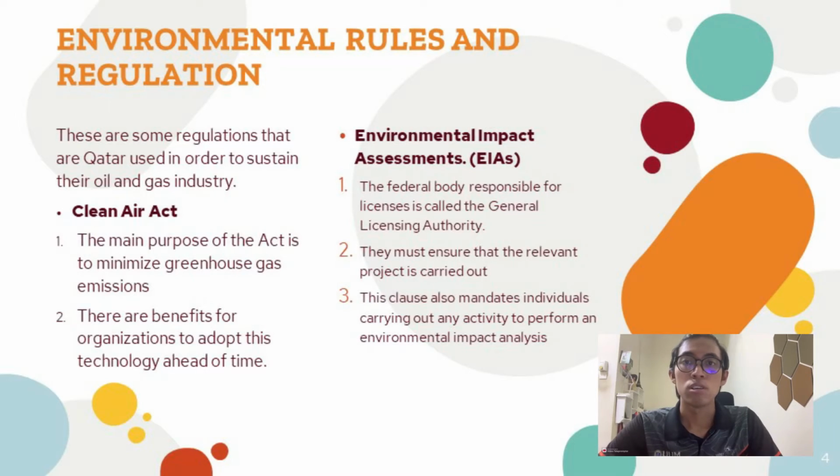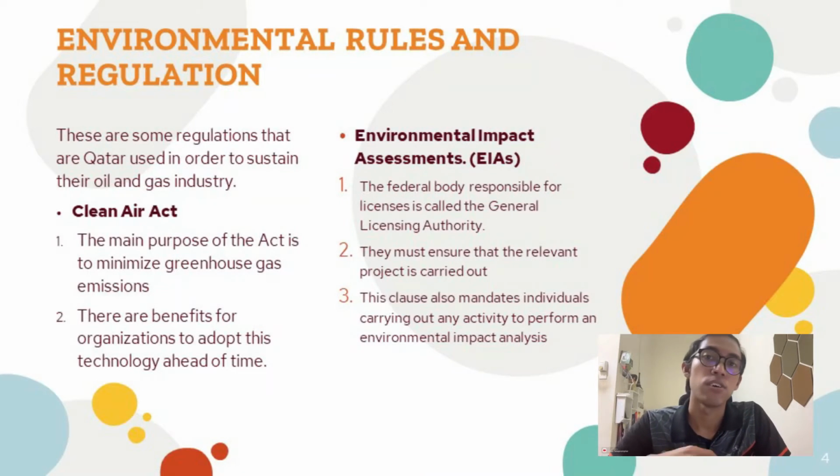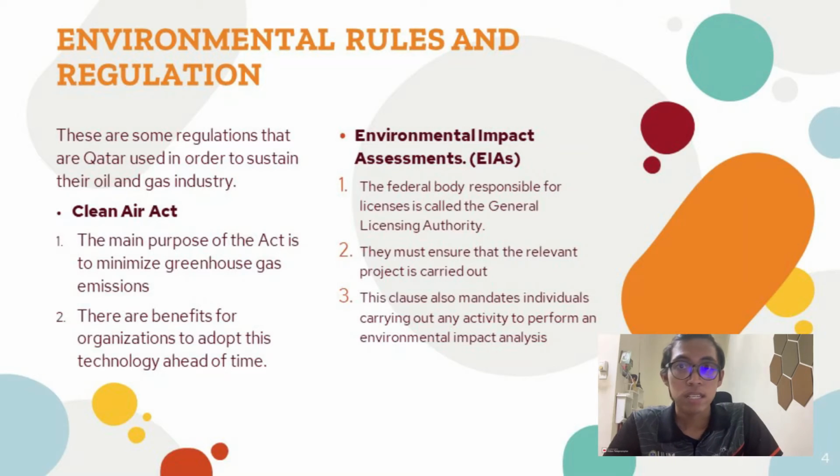Besides that, we also have the Environmental Impact Assessment, known as EIAs. When issuing a license for a new project or making any changes to a current project, it must ensure that the relevant project is carried out as stated in Article 15 European Patent Law. First, they need to use the latest technologies available commercially to reduce emission and avoid environmental harm.